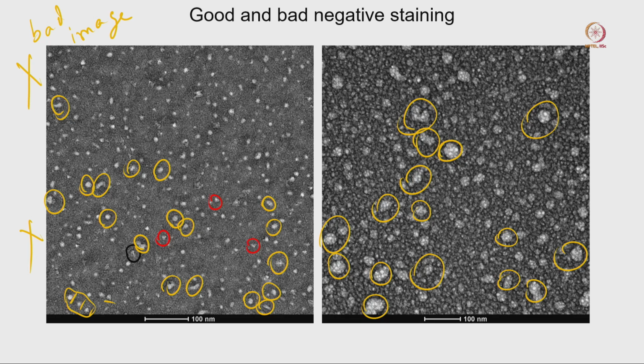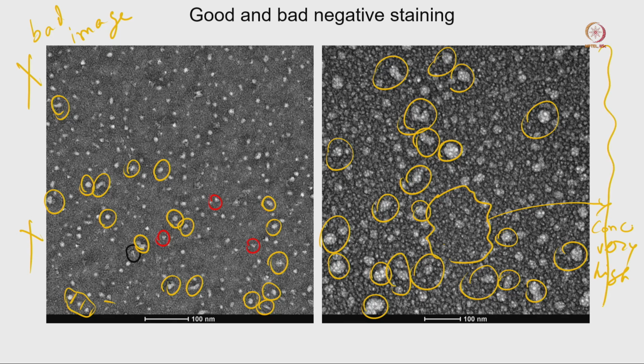It may be possible that this protein sample is very highly concentrated, and it absorbs a lot of stain, uranyl acetate or uranyl formate, so this entire area appears as a very thick, black stain.